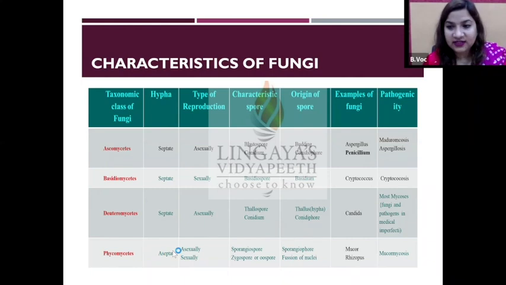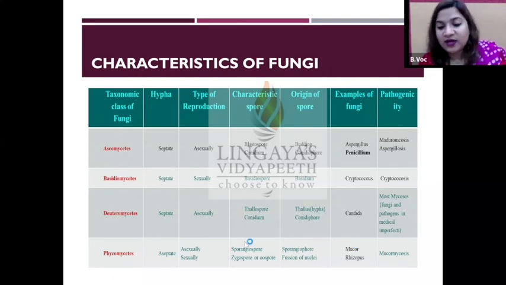Then the phycomycetes have aseptate hyphae. They reproduce both sexually and asexually. By asexual reproduction, they produce sporangiospores. If they are reproducing sexually, they produce zygospore or oospore. The origin is the sporangiophore in the case of sporangiospore, and in the case of zygospore or oospore, the origin of the spore is the fusion of the nuclei.